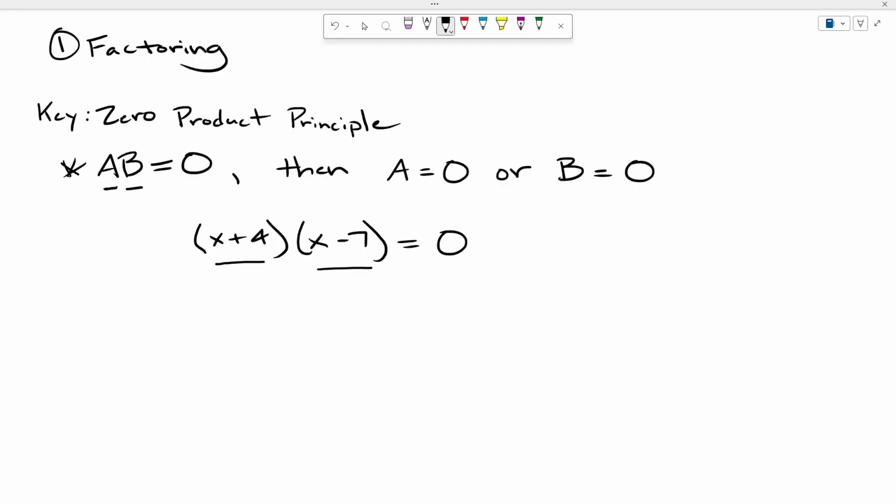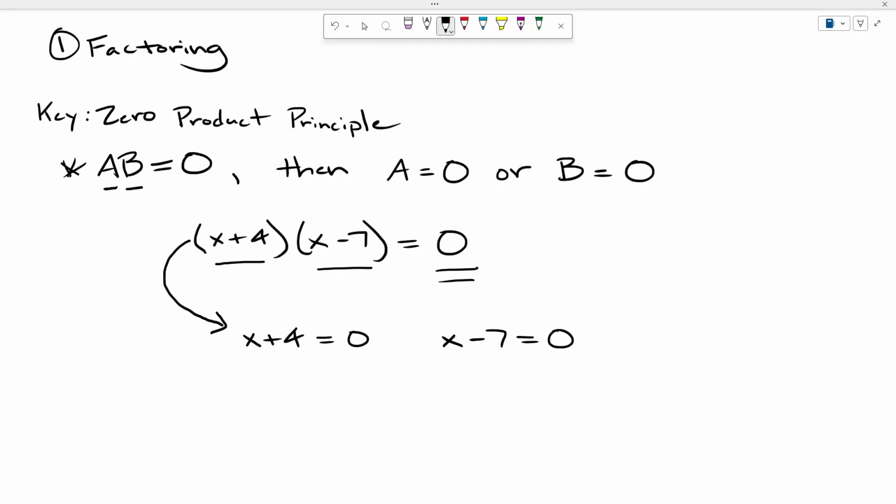That's part of being able to apply this. So we can solve it using this zero product principle, and we can take each individual part and set it equal to 0. So x plus 4 equal to 0 and x minus 7 equal to 0.